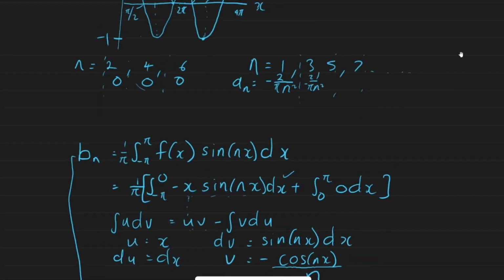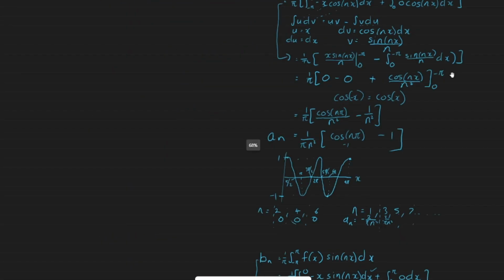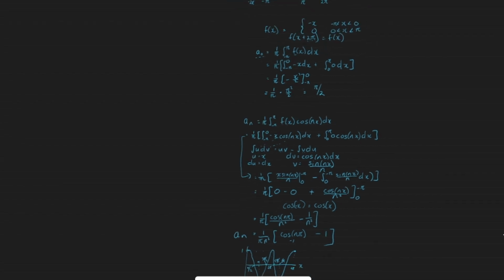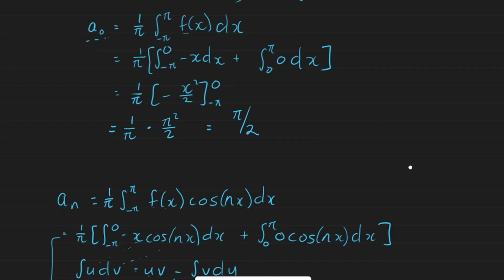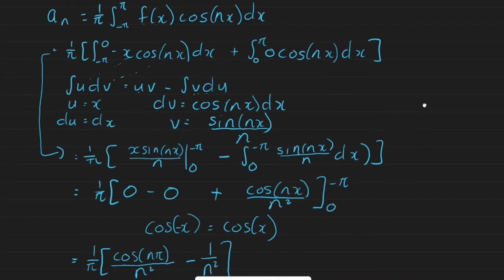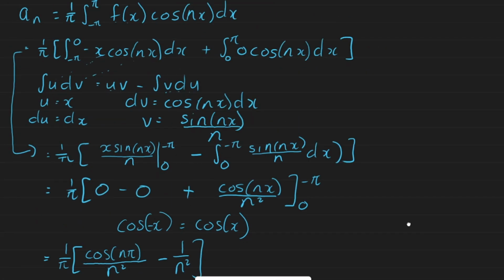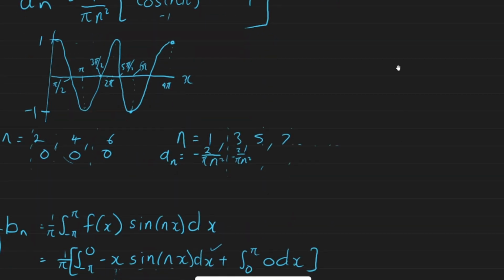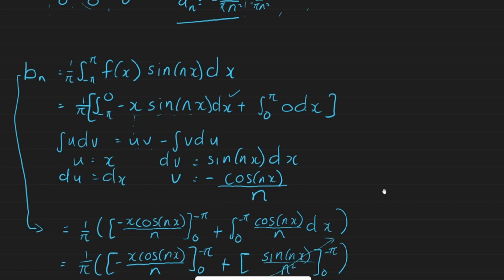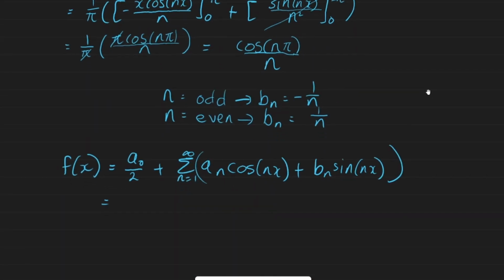We can just go up and see that. There was a naught, and it was pi over 2, and an was minus 2 over pi n squared, and that was for odd numbers only, and for even numbers we saw that it was equal to 0. And lastly, bn was minus 1 over n or 1 over n.